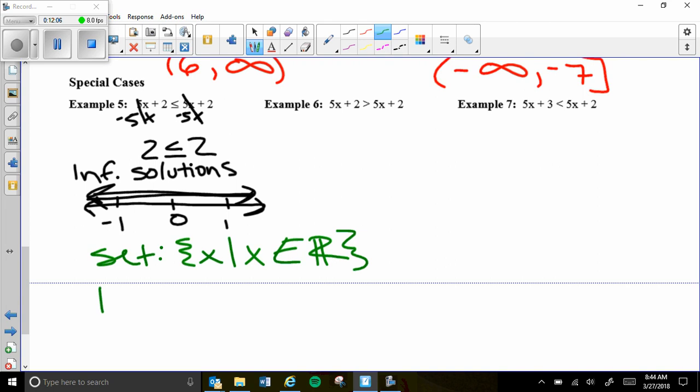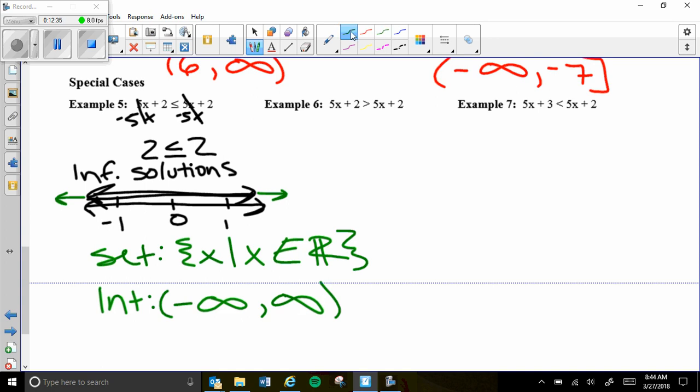And then interval notation, again we read left to right, so if my left arrow continues to go this way and my right arrow continues to go that way, we're talking negative infinity to infinity. And what always goes around infinity signs? Parentheses. So if your solution is infinite, your interval notation is negative infinity to infinity.